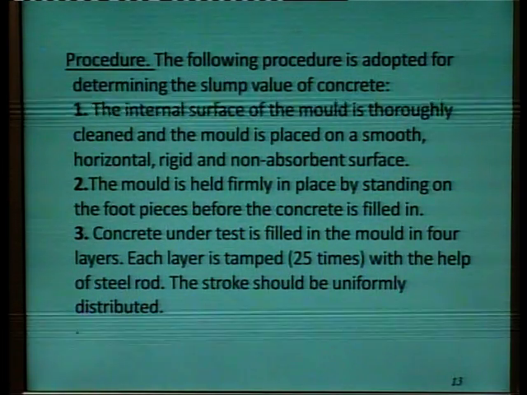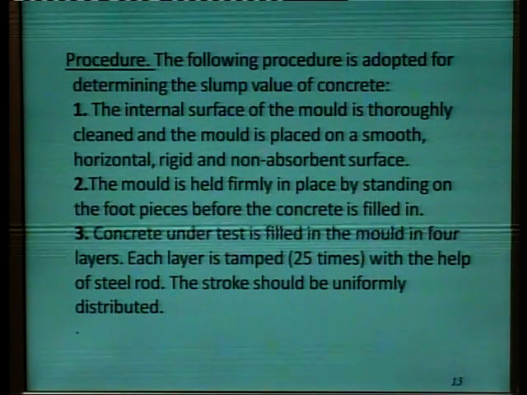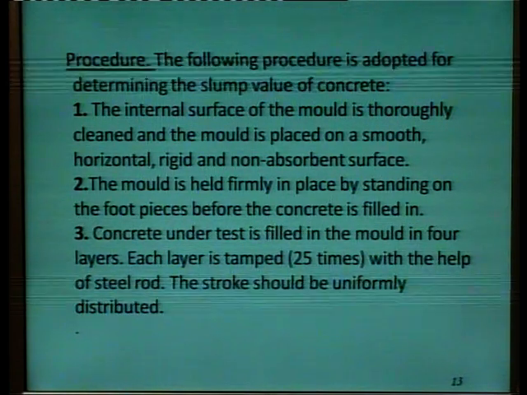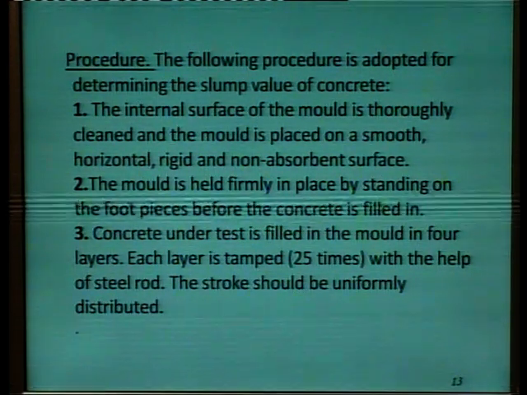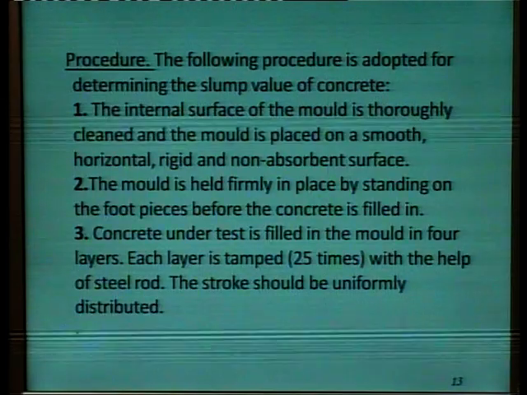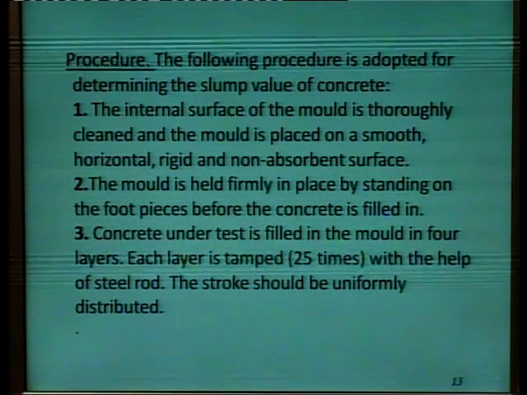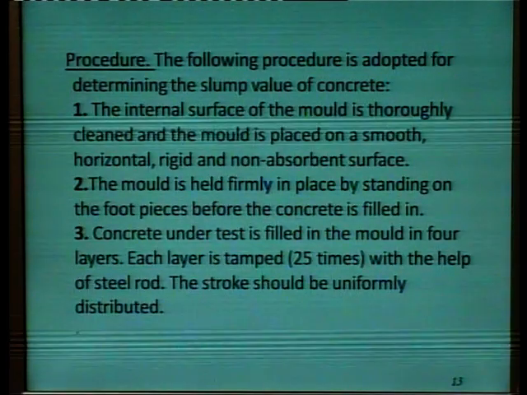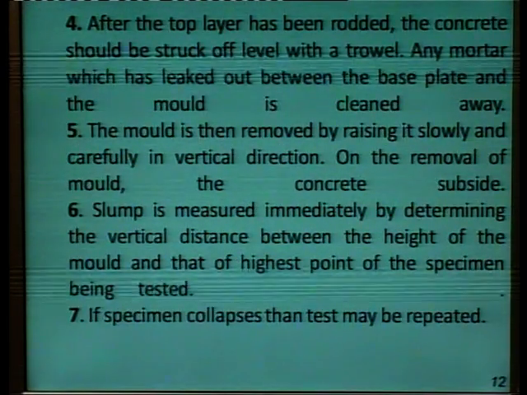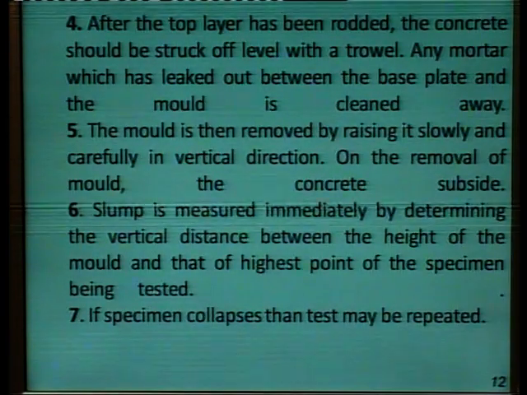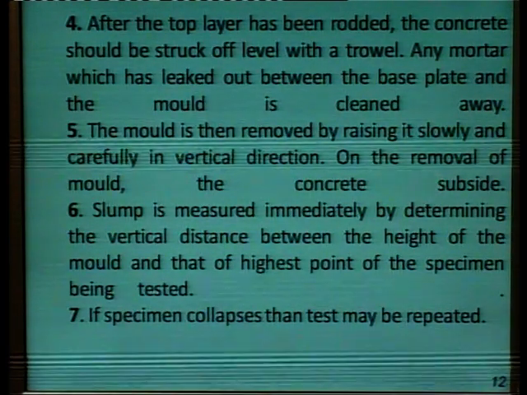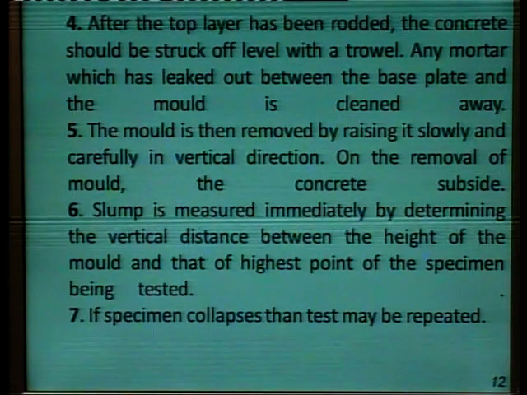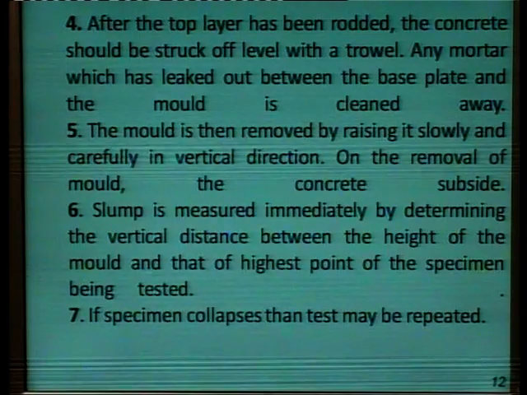Then concrete under test is filled in the mold in 4 layers. Each layer is tamped with the help of the steel rod. The strokes should be uniformly distributed. After the top layer has been rodded, the concrete should be struck off level with a trowel.